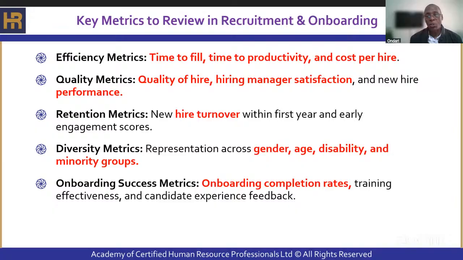The total cost over the number of positions filled, that will give you a cost per hire. And this will reflect on your budget, because if the cost of hiring is high, then you are likely to burst your budget very soon. And when new employees are required, there will be no money to spend.